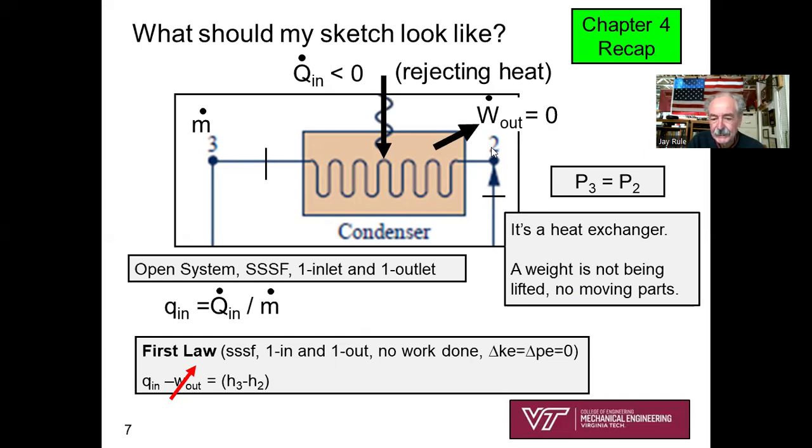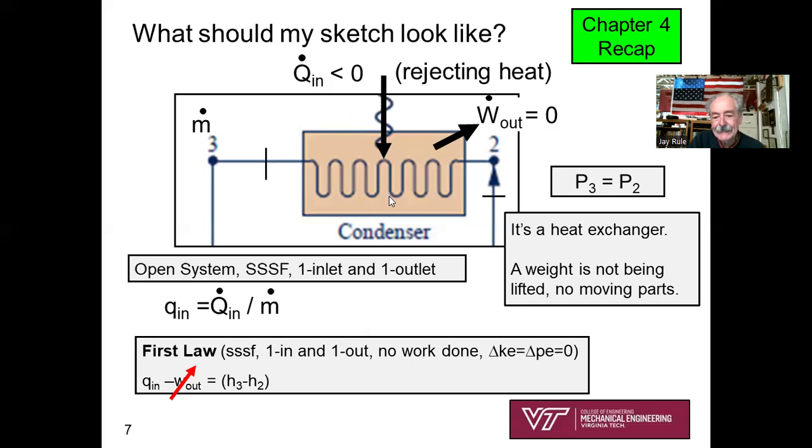I'm showing state 2 going in, state 3 coming out with mass flow rate m dot. I'm showing that W dot out is 0. This condenser is not lifting a weight. There's no shaft protruding from the condenser. I'm showing that it's a constant pressure process, very little pressure drop. And Q dot in.